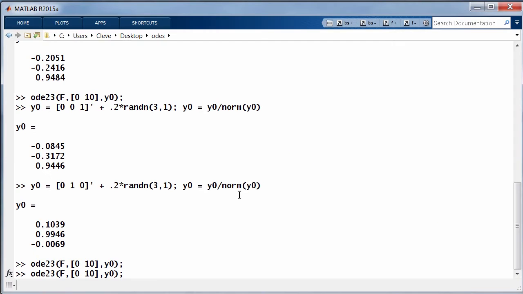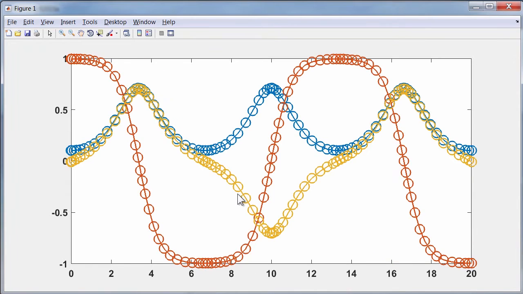Let's integrate over a longer period so we can see that behavior. So it's periodic, but it goes down to -1 and comes back to 1. And the other 2 move in large amplitudes around 0.